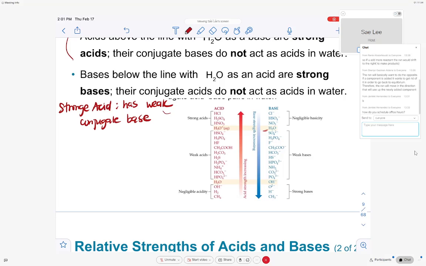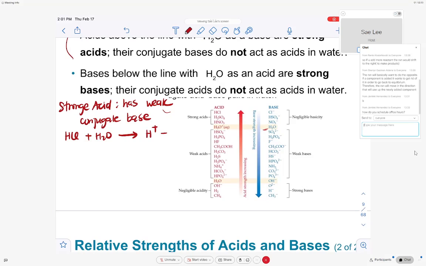Let's say, for example, you have hydrochloric acid dissolved in water. The conjugate base of hydrochloric acid is a very, very weak base.